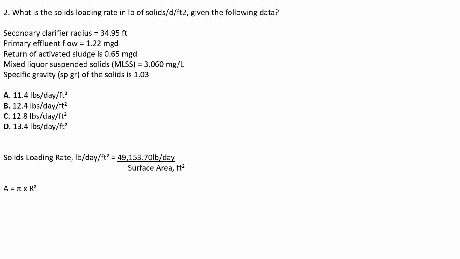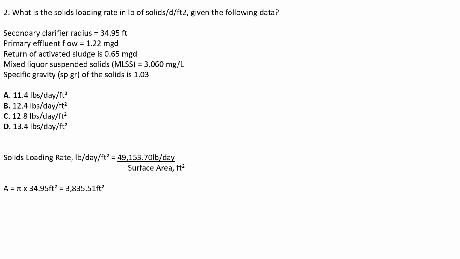Now let's solve for the area. You have pi times 34.95 squared, so times itself. So 3.14 times 34.95 times 34.95 is equal to 3,835.51 square feet.